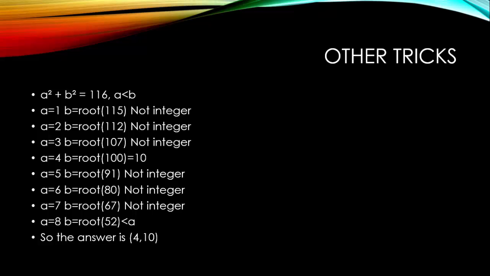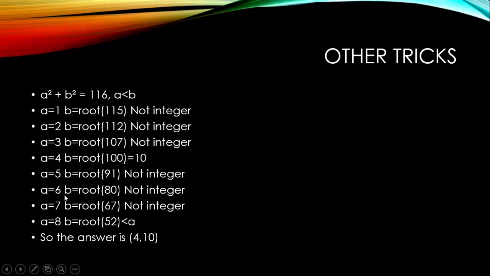So a is equal to 1, b is equal to root 115, not integer. A equal to 2, b equal to root 112, not integer. A equal to 3, b equal to root 107, not integer. A equal to 4, b is equal to root 100 is equal to 10. A is equal to 5, b is equal to root 91, not integer.